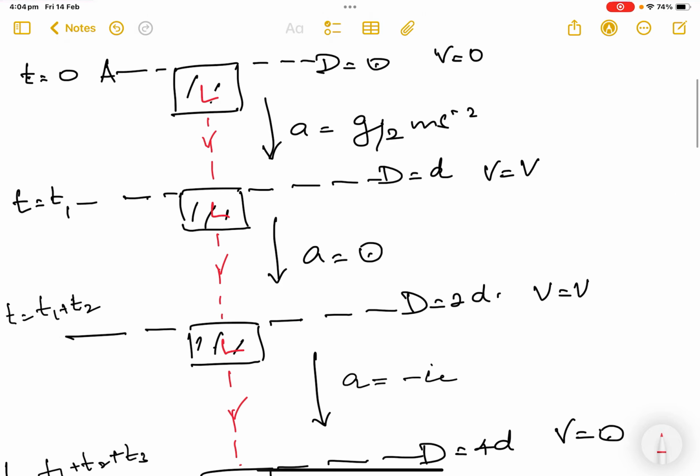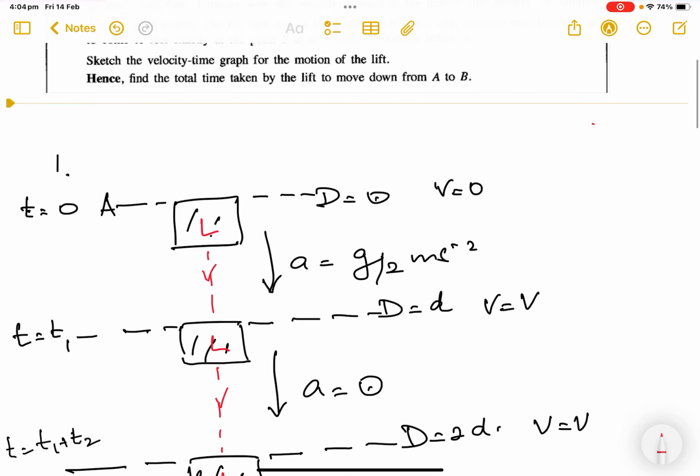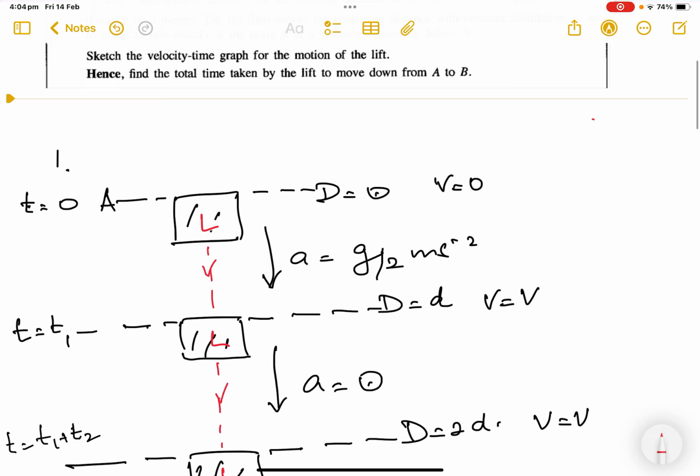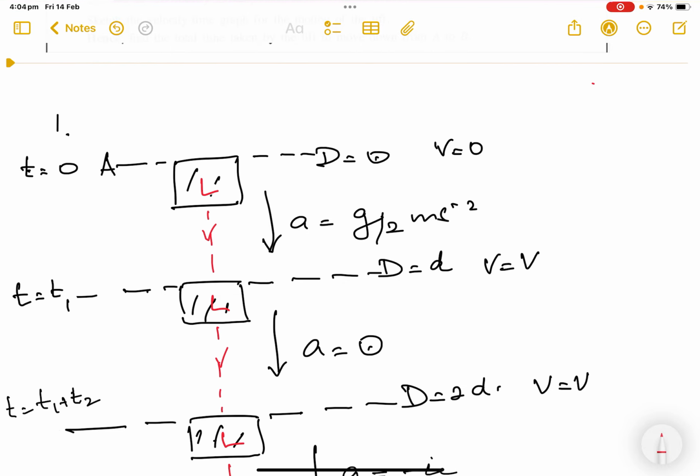Okay, I put a little sketch. The lift is starting from its ground at point A, at t equals 0, distance equals 0, and the velocity is 0. Start from rest, and then it travels with the acceleration half g meters per second squared for d distance.